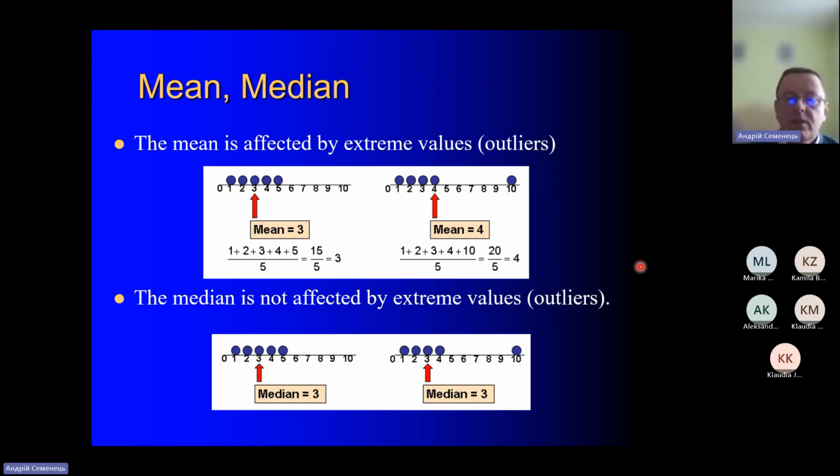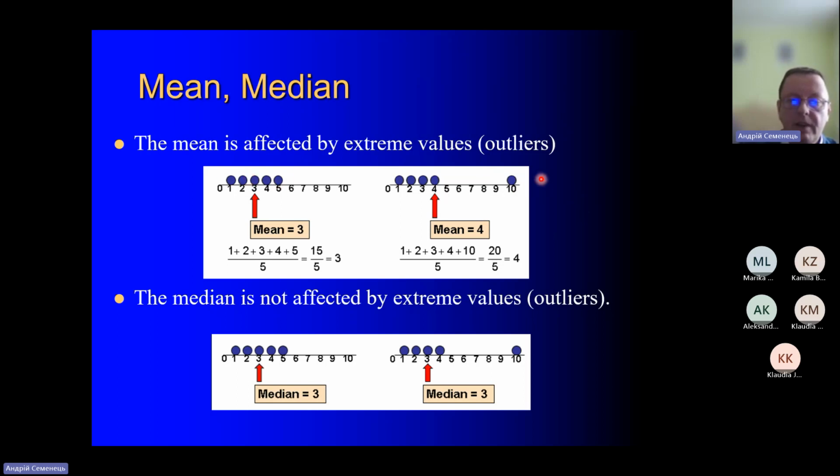Why is it important to have several assessments, not only one? Because of the chance that each single one could be affected. Here is a good example, with these blue dots being our data set, of how easily the mean could be affected.